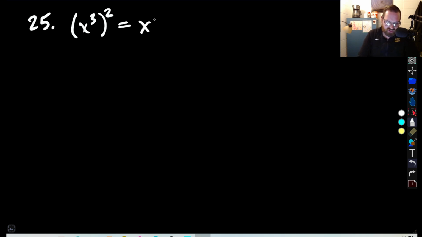If you want, you can think of it like this. This is the same as x cubed times x cubed, right? There's 2 copies, which is where that exponent kind of goes in or fills in. It's 2 copies of that x cubed. And so we can treat this as though it's x to the 3 plus 3 here, which is equal to x to the 6th.